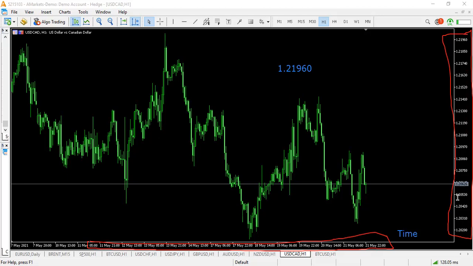So on the vertical axis, we have a representation of exchange rate, and on the horizontal axis, we have a representation of time. That's why you see the date and the time. So basically every commodity chart is a chart that shows you the relationship between the exchange rate over a particular period of time.